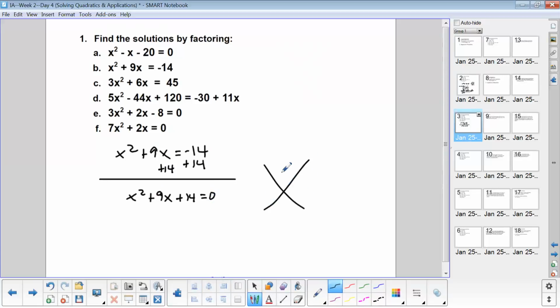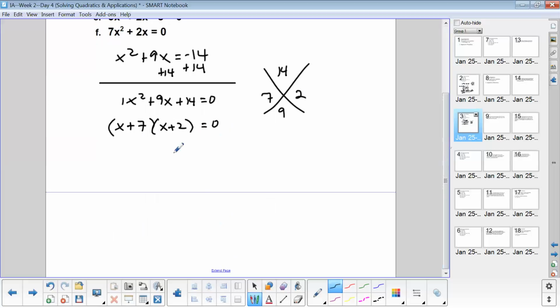A is 1. You're looking for 1 times 14 is 14, and it has to add to 9. Those factors would be 7 and 2. So A is 1, so I'm allowed to say x plus 7 and x plus 2, and I'm going to set them equal to 0.